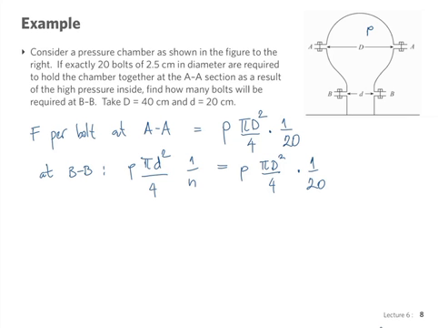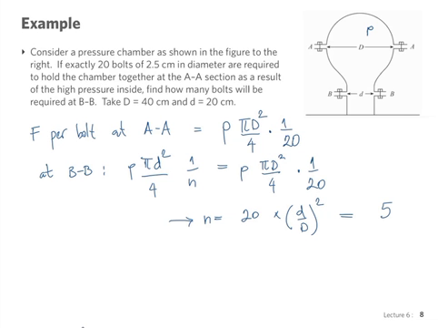The pressure cancels out. So now we can put, what is this? 40 over 20, that's 1/2. 1 over 4, 20 divided by 4 is 5. So just 5 bolts are needed in that area.